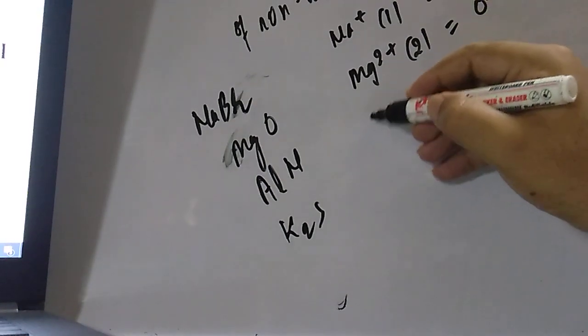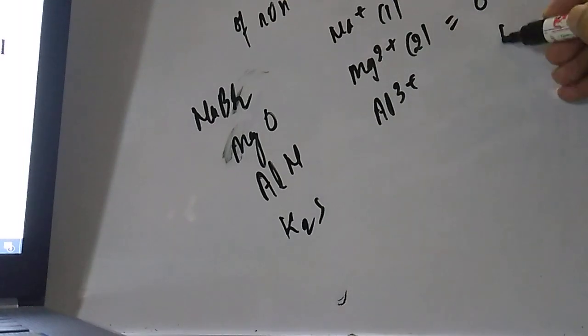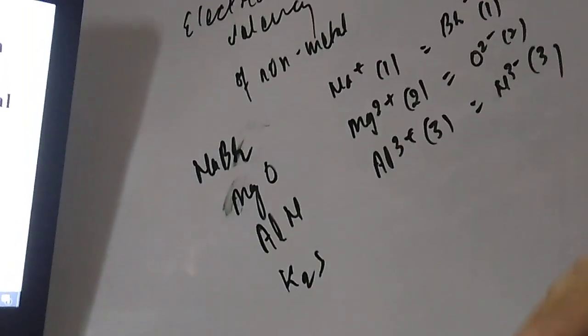This is also not the answer. Al3+ and N3-, so it is 3 and 3. So these three are not the options.